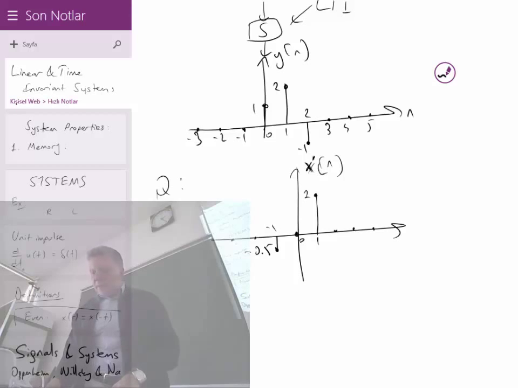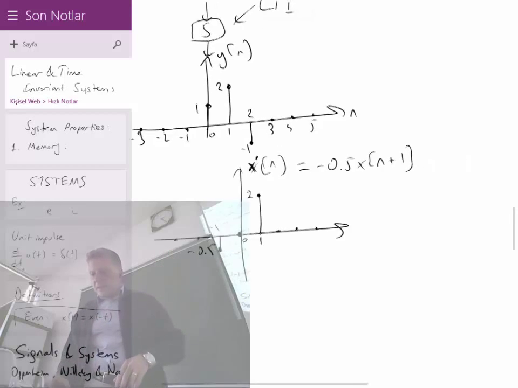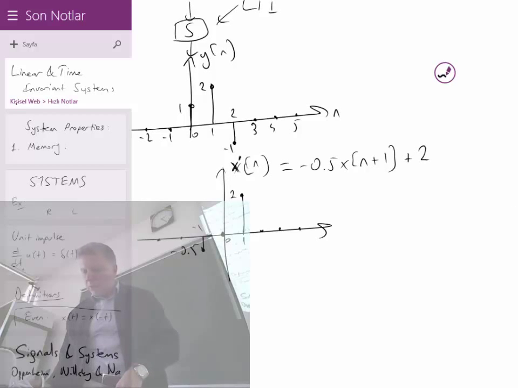Then this x prime of n, I can immediately say that that is equal to minus 0.5 times x of n plus 1, which is the negative impulse at minus 1, scaled by 0.5, plus 2 x of n minus 1, shifted to the right, and scaled by twice.